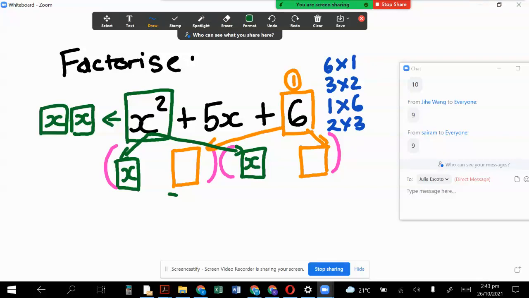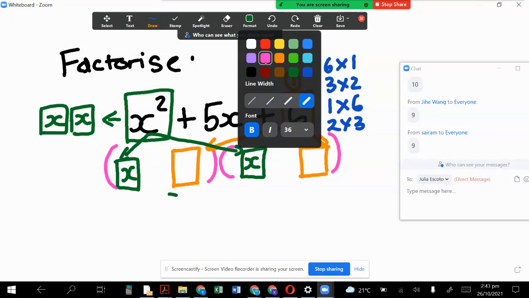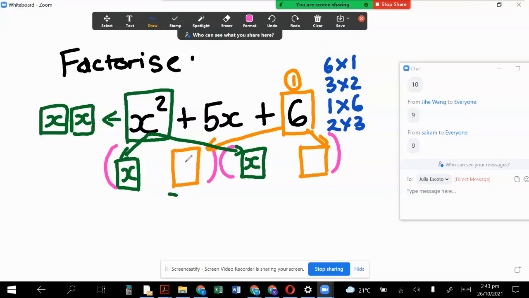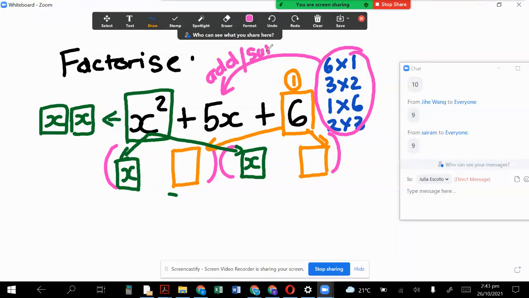Now looking at number 6, the number 6 has to be formed from the multiplication of 6 and 1, 3 and 2, 2 and 3. But what we also have to remember is that these 2 numbers that we choose over here have to also add up to 5.